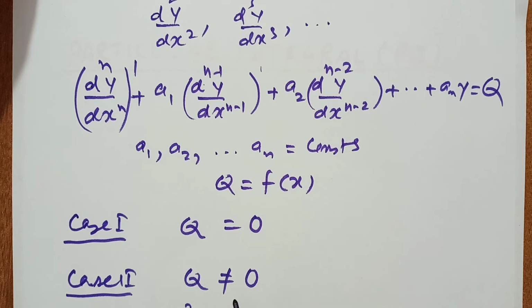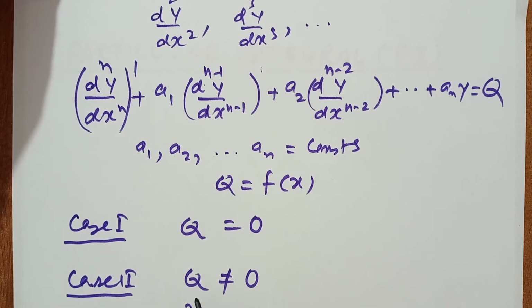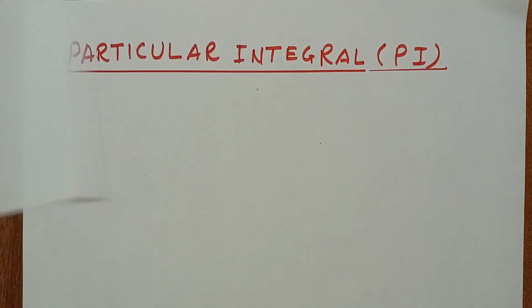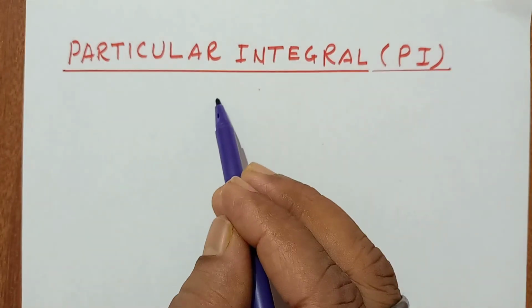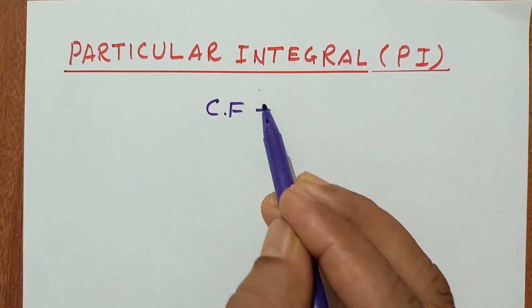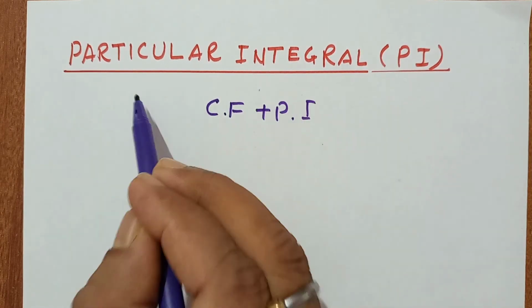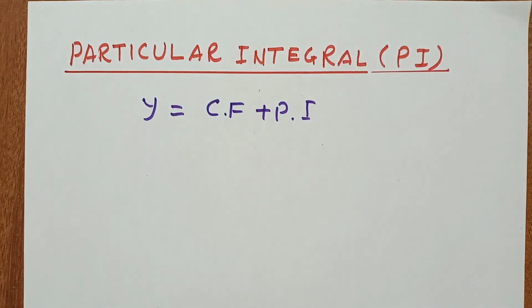In this case we will divide the given equation into two parts. First, we solve by putting the right hand side 0, means q equal to 0, as in previous questions. And for q we will calculate the particular integral. Then the solution will be complementary function plus particular integral.